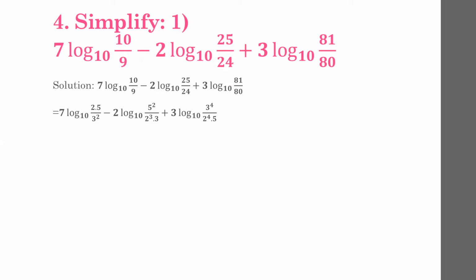And for the last part, 81, as I said, we have seen it in our previous maths also: 3 to the power 4 is equal to 81. And 80 can be rewritten as 16 into 5, and 16 can be rewritten as 2 to the power 4. So 80 is equal to 2 to the power 4 into 5.